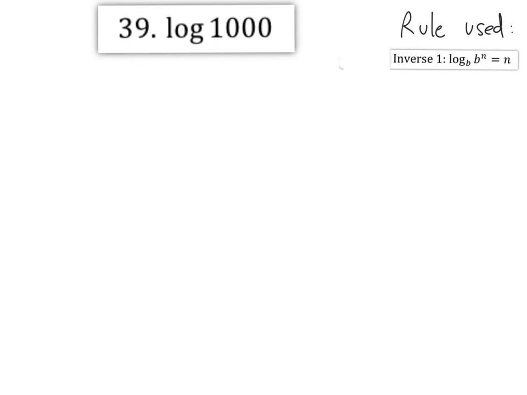We also have to use the idea that in the original problem, there's no base written, and so we just have to know that if there's no base written, it's implied that there's really a base 10. So it's always 10 if there's no base written. Okay, so really this is log base 10 of 1,000.